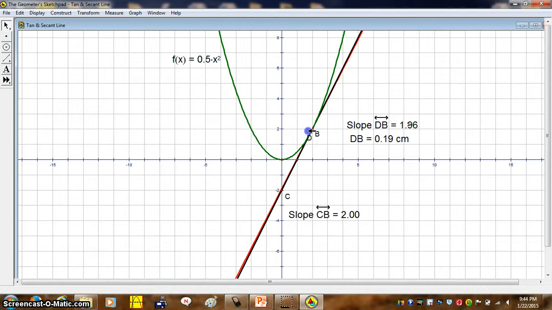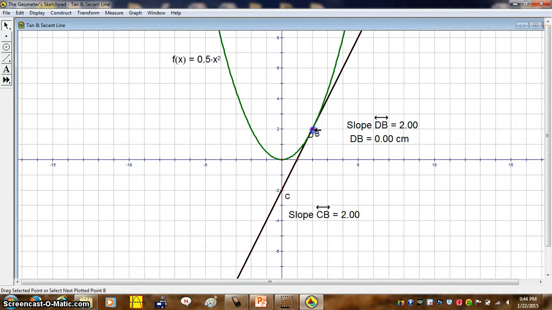Basically, I want to get so close to point B that the distance between the 2 points is approximately 0. Or I want the limit as the x coordinate of D approaches the x coordinate of B. As that distance between the 2 points approaches 0, the slope of my secant line approaches the slope of the tangent line.